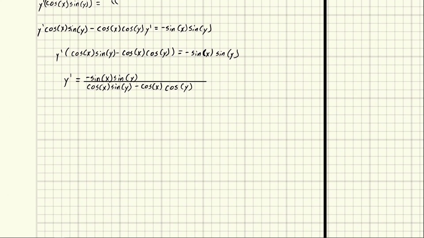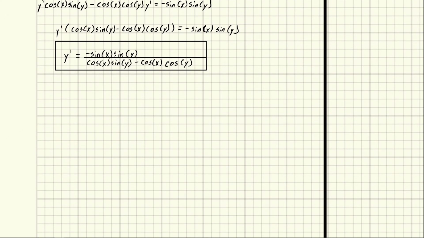This would be where we can stop. There might be a way to simplify this. Let me look at it. So one thing we could do is we could factor out a cosine x. So let's keep going. Let's simplify a little bit. There might be something else we can do here. So we'll be left with negative sine x sine y on top.